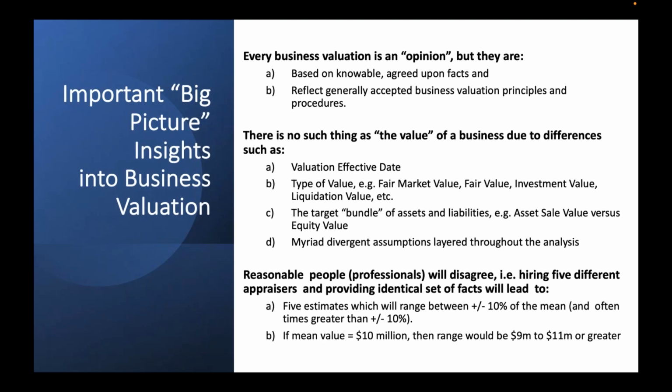That's where the equity value comes into play. And so there'll be different values depending on what's being valued. There'll be different values depending on the standard of value. Fair market value is the value to a hypothetical buyer. Investment value is the value to a specific and known buyer.